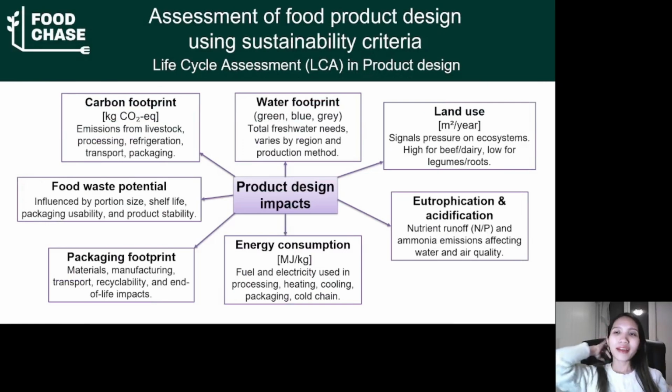The impact that should be considered during the life cycle assessment, including carbon footprints, water footprints, land use, eutrophication and acidification, energy consumption, packaging footprints, and finally, food waste potential.